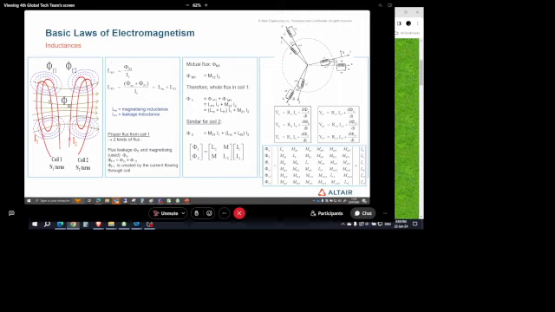So this is for two coils. We can say that this is for two phases. If we add a third one, three phases, then we will have a matrix of three lines, right? Then same thing.